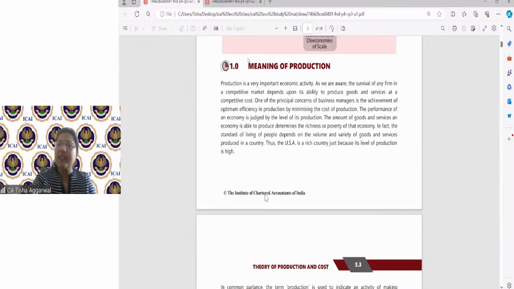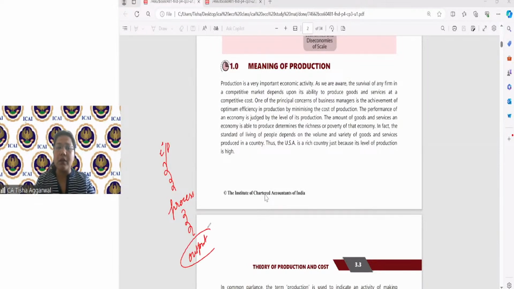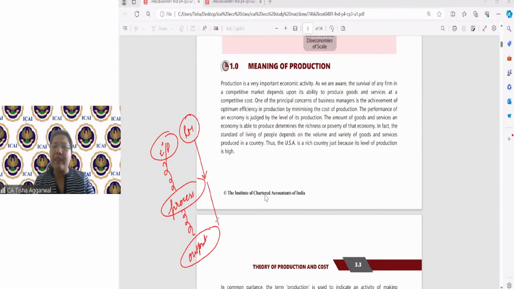So the first thing that we need to understand is, what is production? In very simple, layman's language, production primarily means we have input, we have a complete process, and that process gives us an output. Whatever input is given, for example raw material, you put it in a system and that gives you an output.